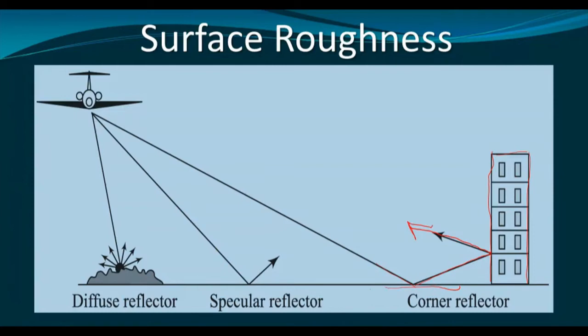This is called corner reflection. And as you can understand, in case of corner reflection, most of the energy will be directed towards the sensor and it will appear very bright. That is why on the radar imagery, urban areas or built up areas appear very bright because of several corner reflections.